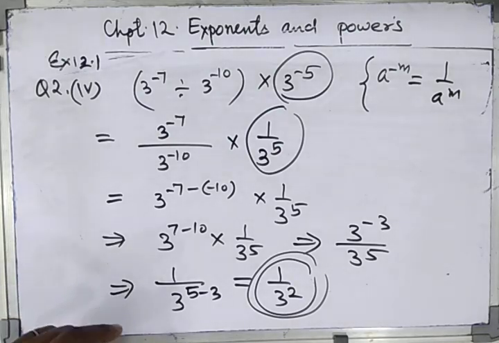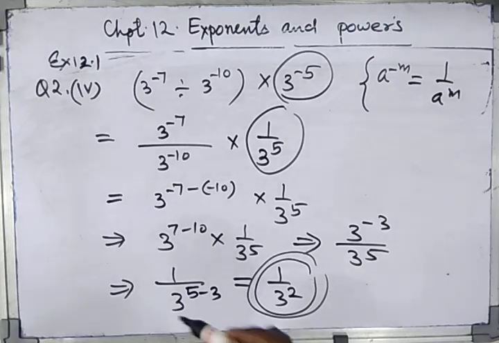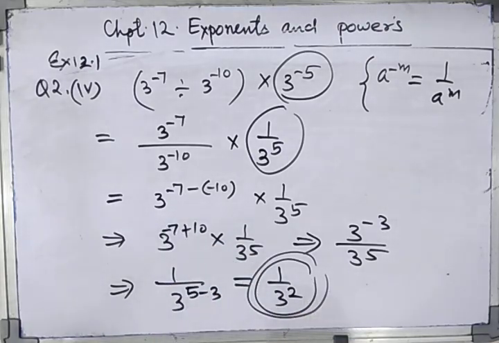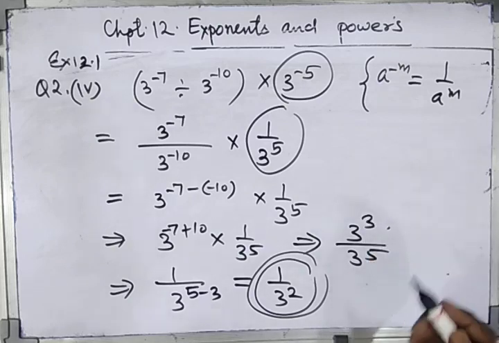So minus 7 plus 10 gives 3 raised to 3, and 1 by 3 raised to 5 minus 3. This is the required answer.